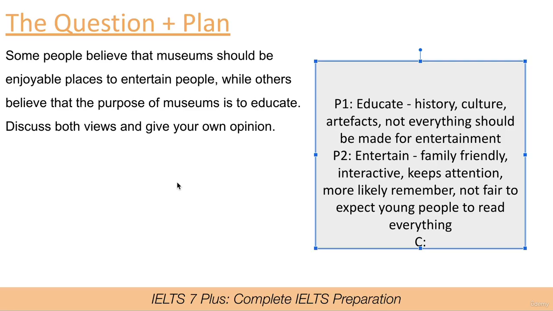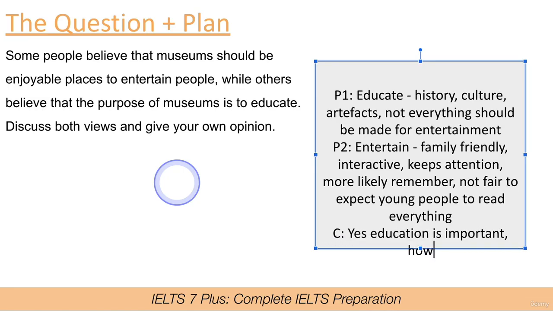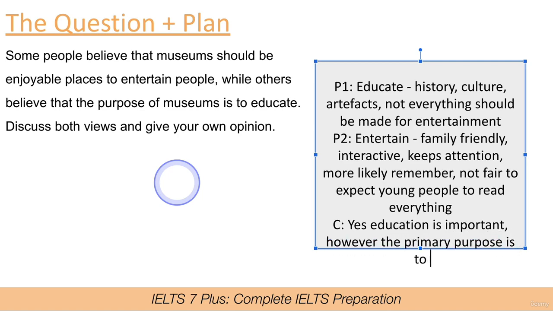Okay then, so our conclusion is going to state that yes, education is important, and we'll use examples to make this clearer. However, the primary purpose is to entertain. There we go.